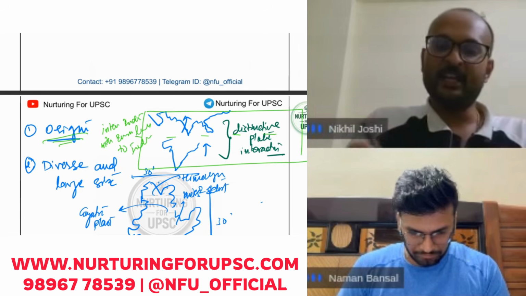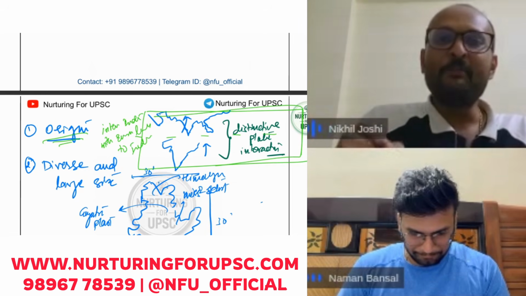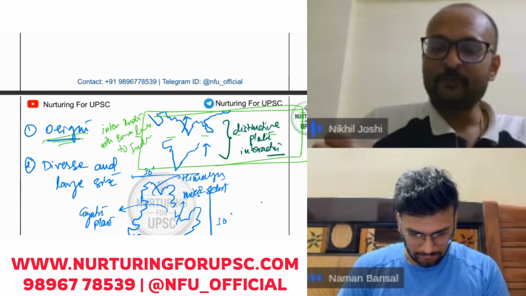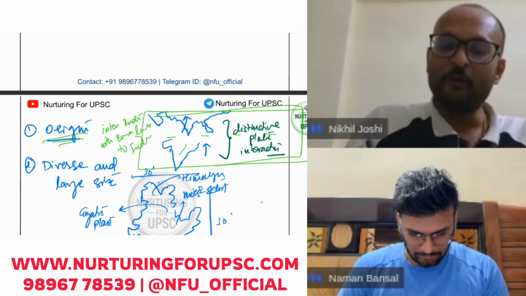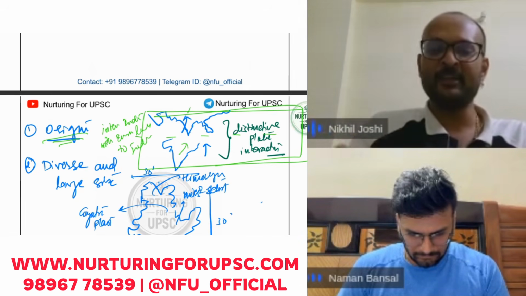That's it. And here I have drawn a very short but very relatable map, diagram, whatever you can call, to show how there was this movement of Indian plate and how interaction takes place. And of course, you need to label them as well.